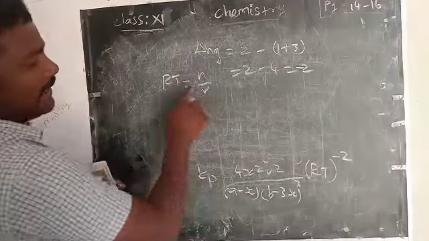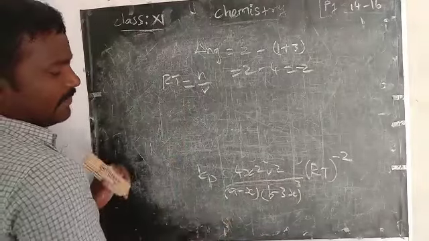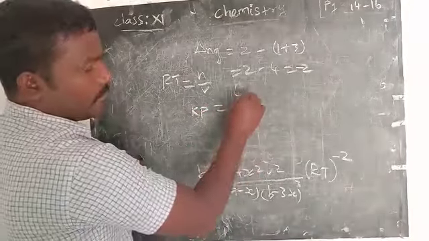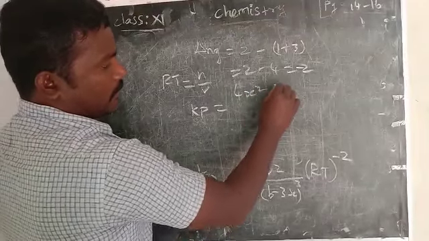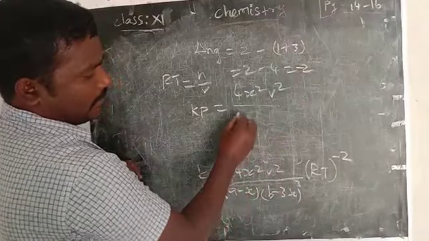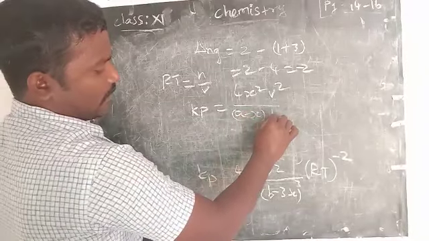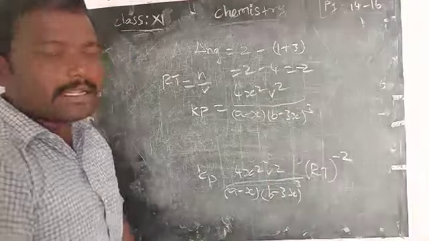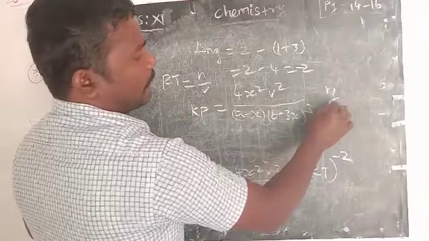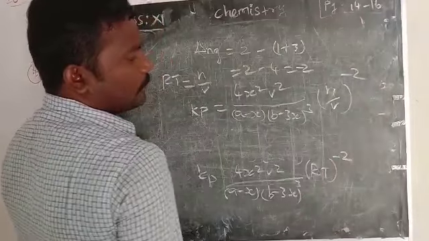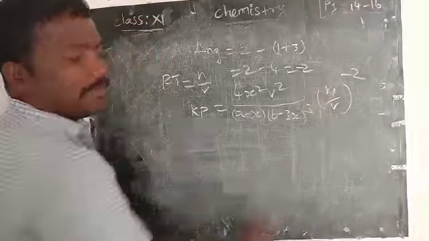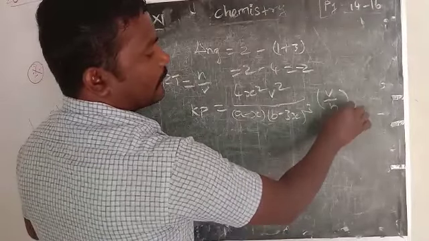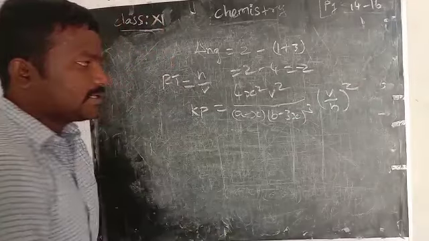So apply N by V for RT. Kp is equal to 4x squared V squared divided by a minus x, b minus 3x whole cubed, and in the place of RT you apply N by V whole power minus 2. If you want to make it plus 2, just make it the inverse of this term, it becomes plus 2.